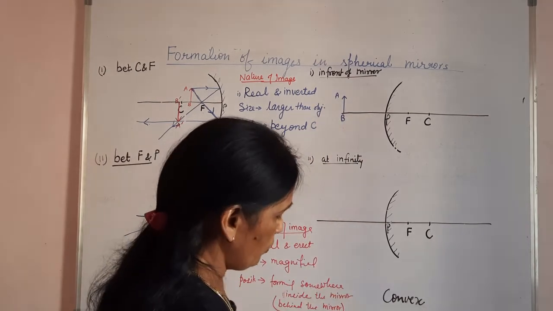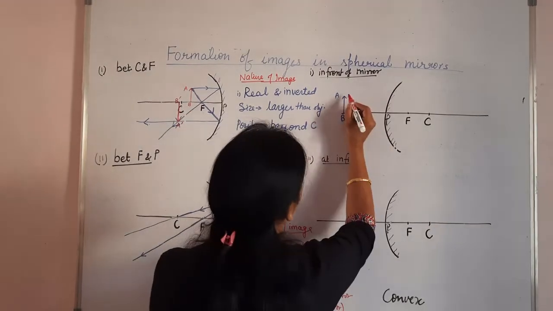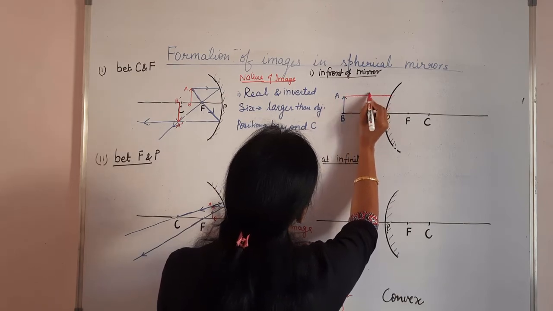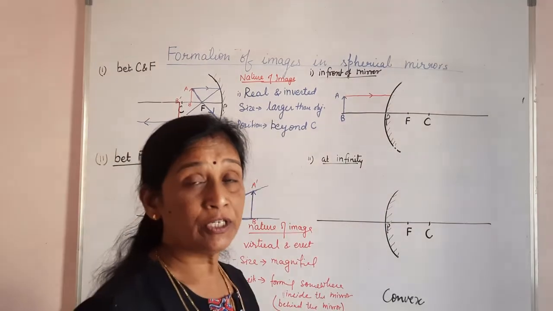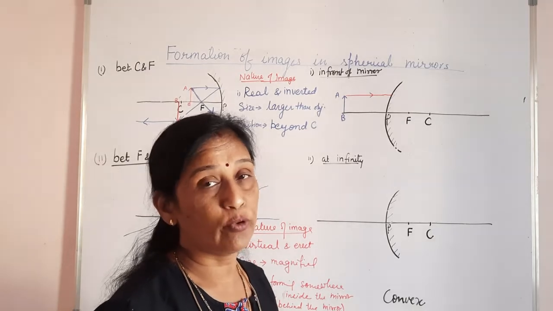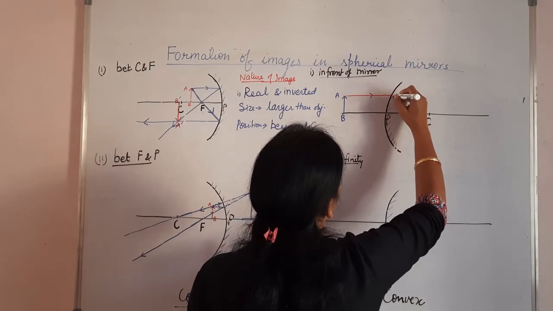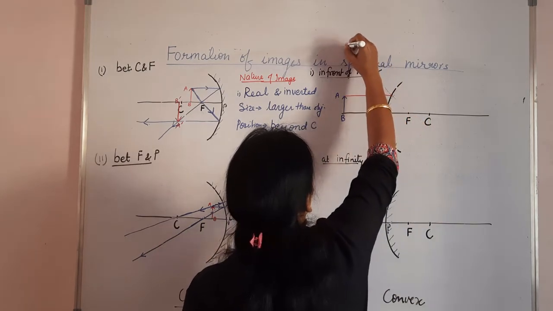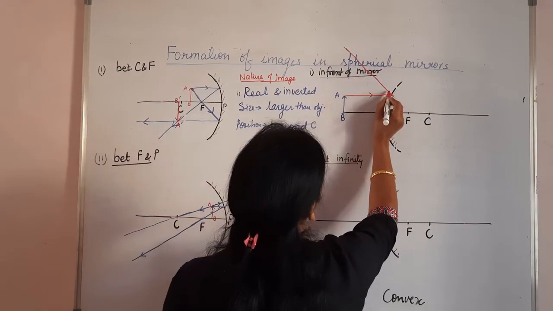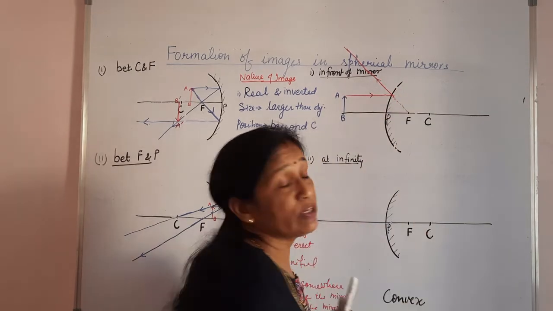Now we'll use the rules again. A ray which is parallel to the principal axis, after reflection, seems to diverge from some point inside, and that point will be F. If you extend this, ये रे जो यहाँ पे आई है ये ऐसे चली जाएगी, diverge हो रही है, and if you extend it you will find that it is passing through F only.